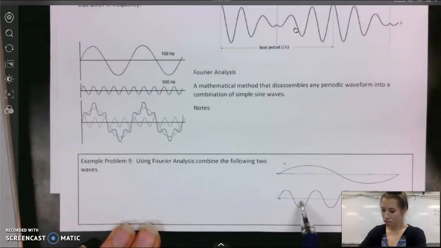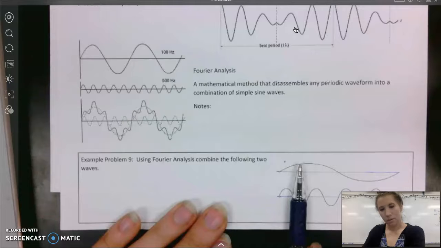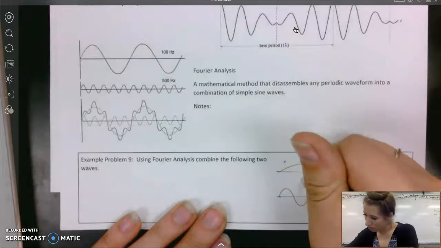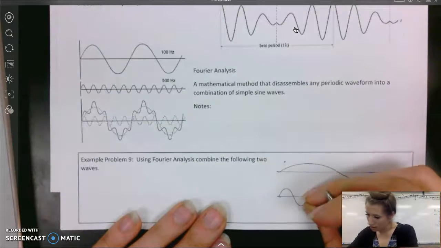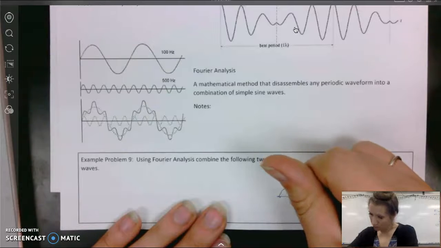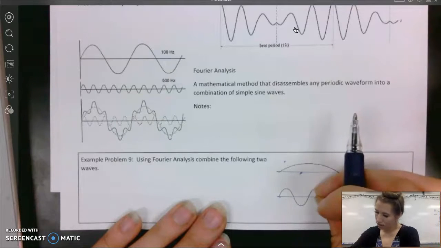This is below the origin, and if I go straight up from that, my primary wave is above the origin, and then we have below the origin, so we're going to have destructive. Okay, so I'm going to take this, and we're going to subtract it from the original wave. And then again here, this is above the origin, and if I go directly above that, it's also above the origin, so I'm going to add those together.